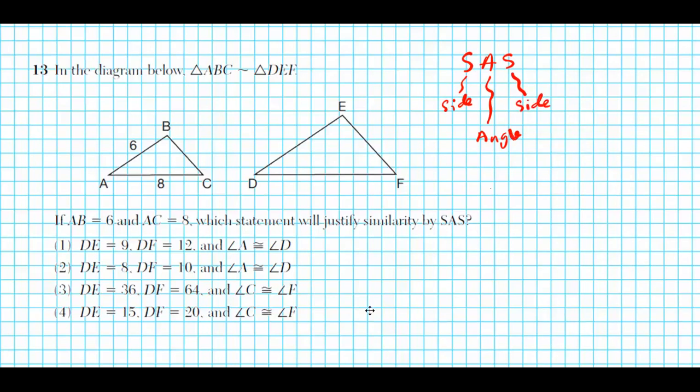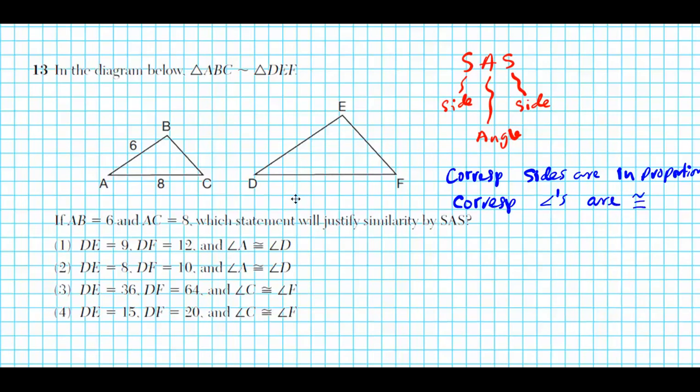SAS basically means that the corresponding sides are in proportion, and the corresponding angles are congruent.